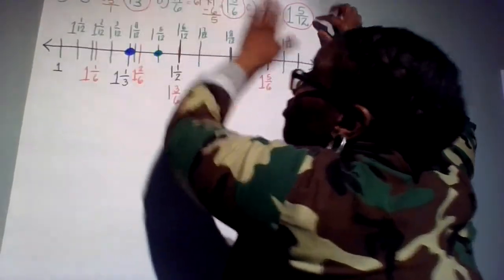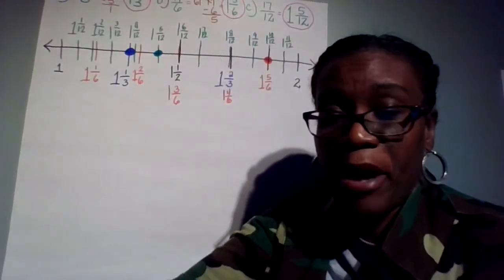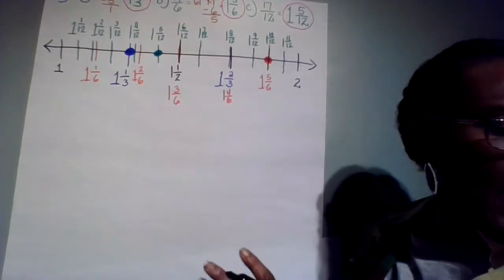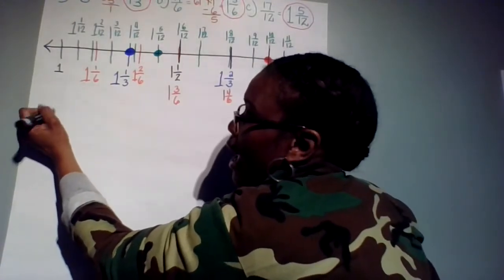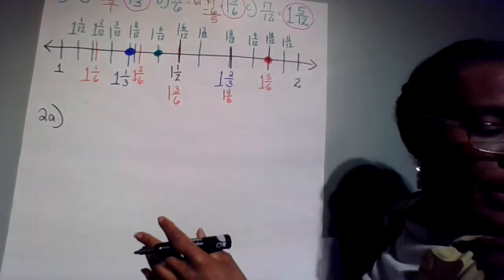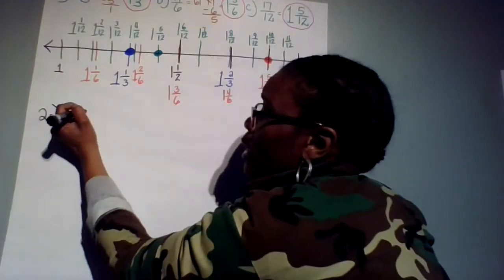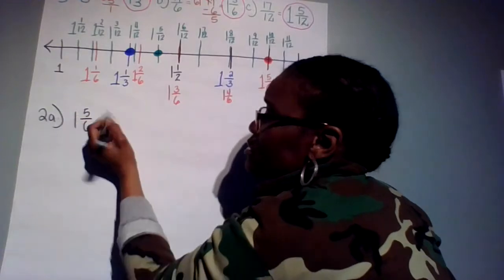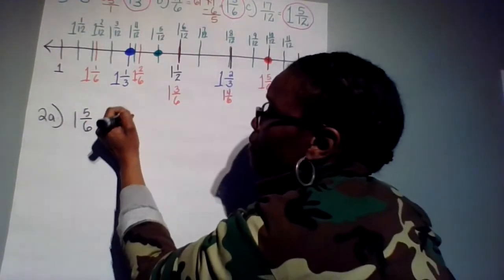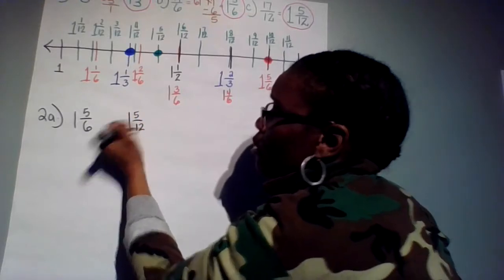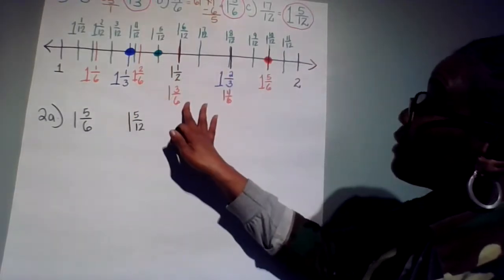So now I'm going to move my piece of paper up, and now I'm going to compare. This would be 2a. I'm going to compare 1 and 5/6 to 1 and 5/12. So now all I have to do is look at my number line.